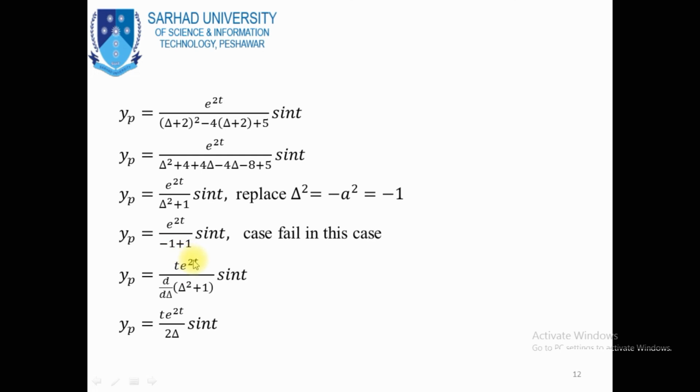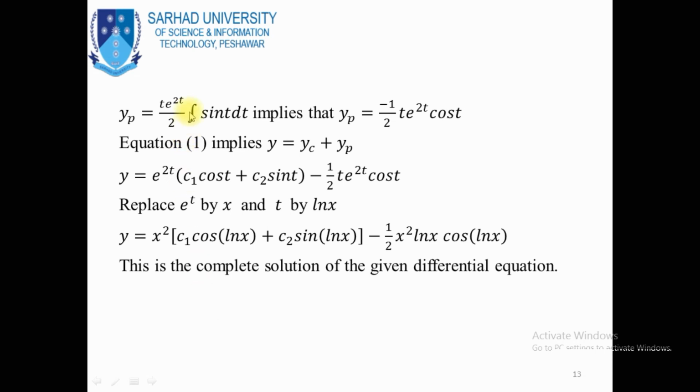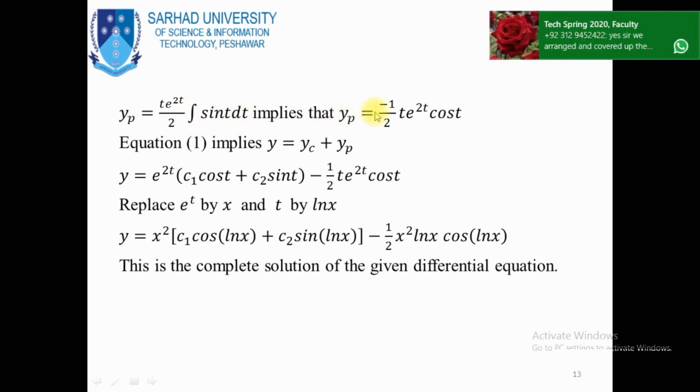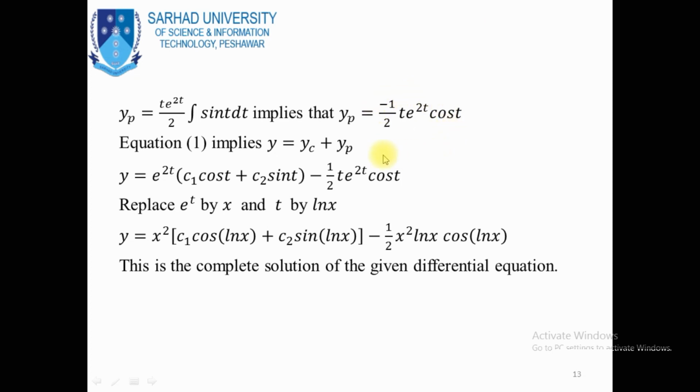For this case, we put t in the numerator and take the derivative of the denominator, the derivative of del square plus 1 with respect to del. So we obtain 2 del, and now 1 over del means integration of sin t with respect to t, which implies that the particular solution is minus 1 over 2 t into e power 2t cos t. So this is the particular solution.